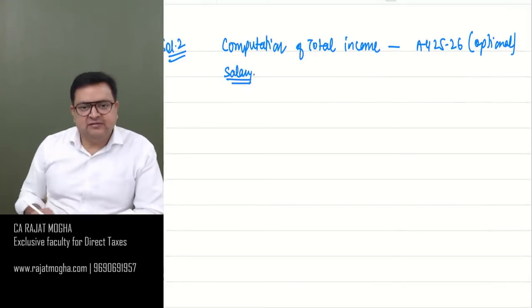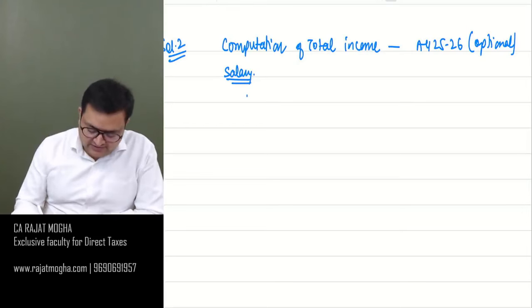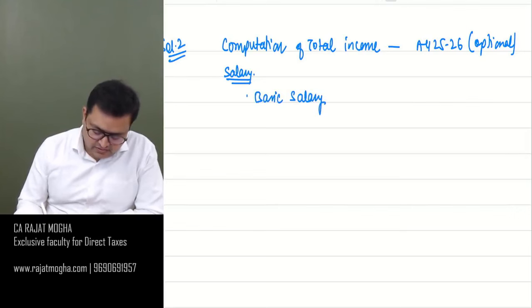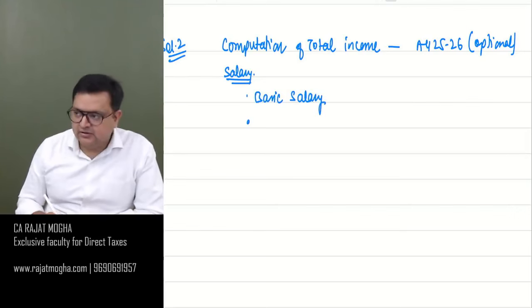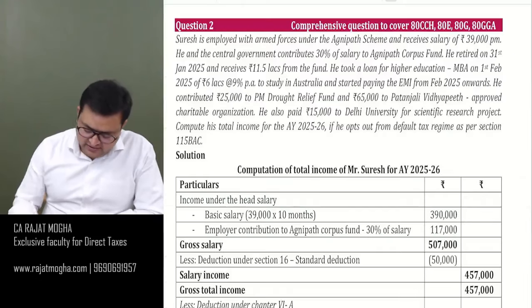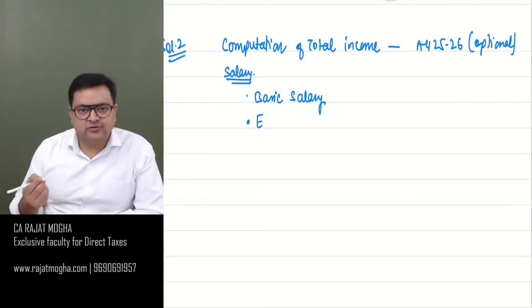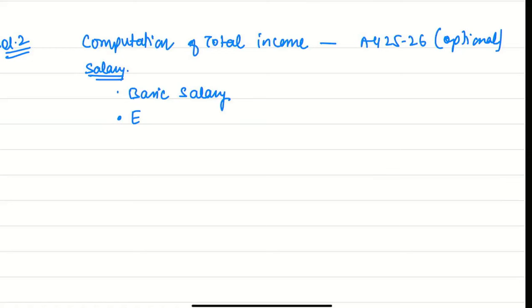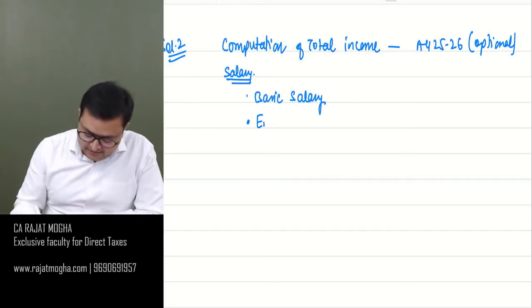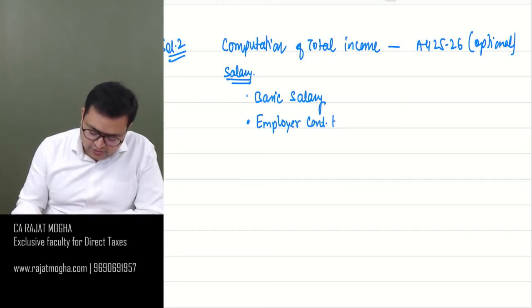So whatever he is receiving we will make the list of it. He is receiving basic salary. He is not receiving any other thing except employer contribution to Agniveer Fund. You all know that employer contribution is our income, right? Employee contribution is not our income, but employer contribution is our income.